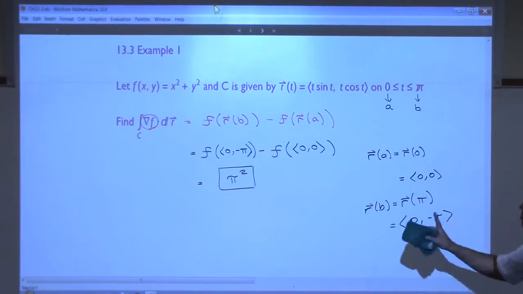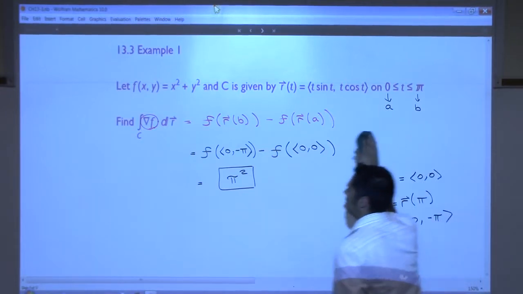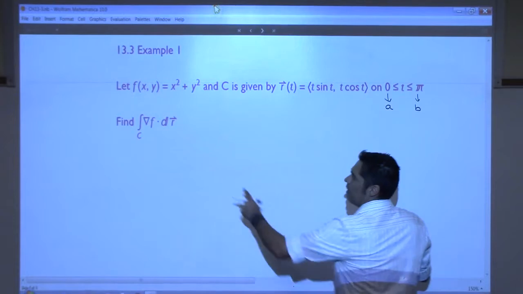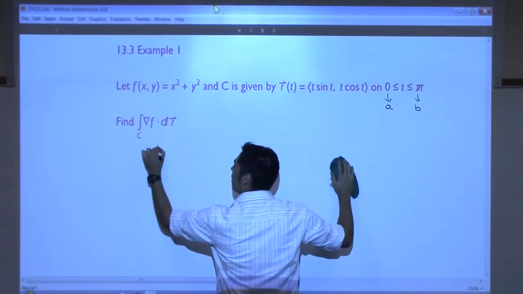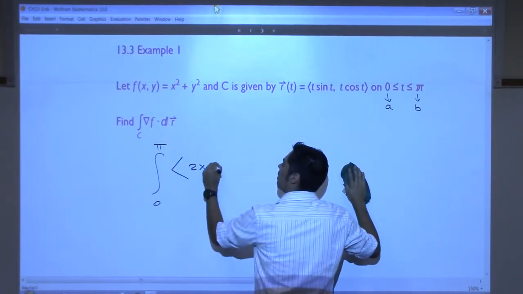Now let me show you briefly how you could have made this problem a lot harder, and that's by not understanding that you can use the fundamental theorem of line integrals. So you say, okay, I'm going to have to figure out what the gradient of f is. I'm going to go from 0 to pi. Gradient of f is 2x, 2y.